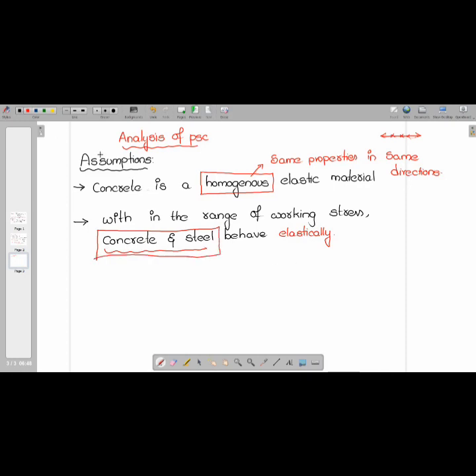That means the stress behavior of concrete and steel will be proportional; this statement says that stress varies linearly. Within the range of working stress, concrete and steel behave elastically.